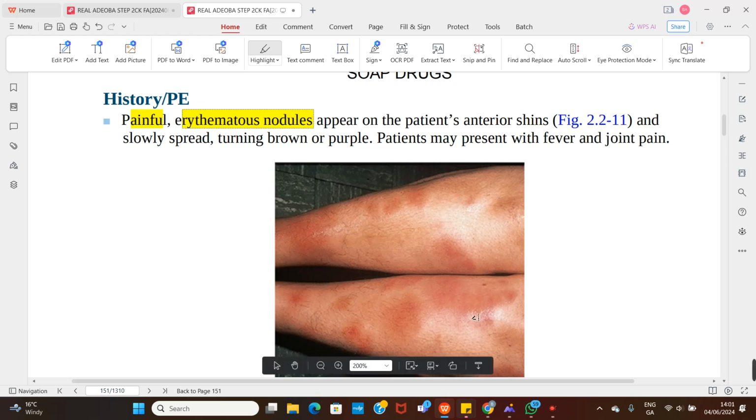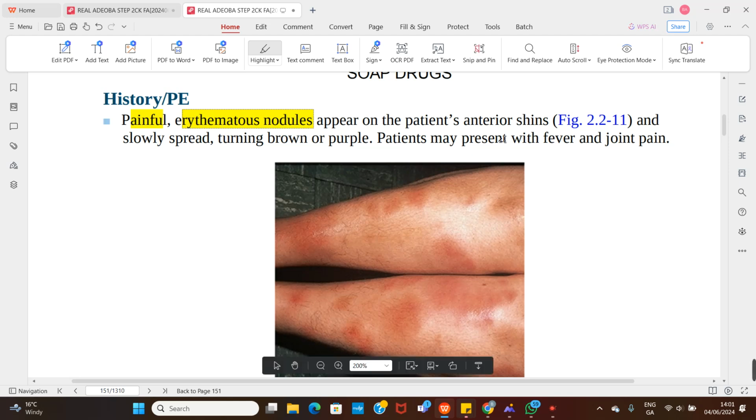That's a classic location. An individual having painful erythematous nodules appearing in the anterior shin, that when you touch it is very tender, that changes color sometimes to brown or purple. That's the erythema nodosum.